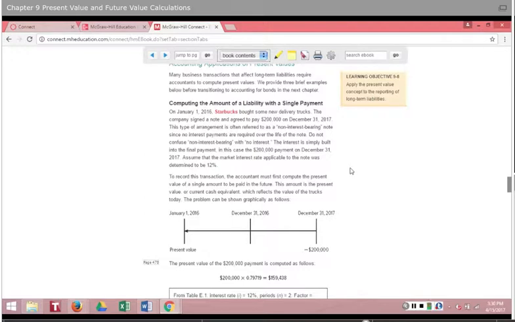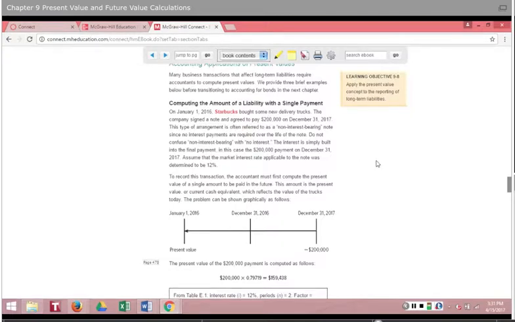So the question becomes, is the cost of the delivery trucks equal to $200,000, or, because interest is built in, and we saw in Chapter 8 that we cannot capitalize interest on purchased assets, do we have to remove the interest from the $200,000 face value of the note that we're going to repay in 2 years?